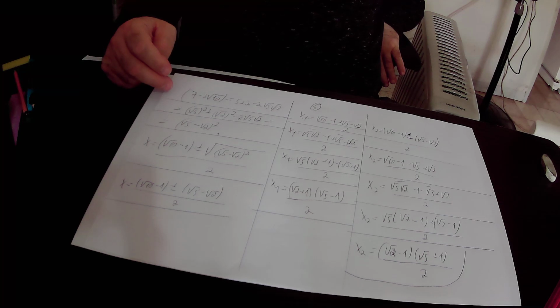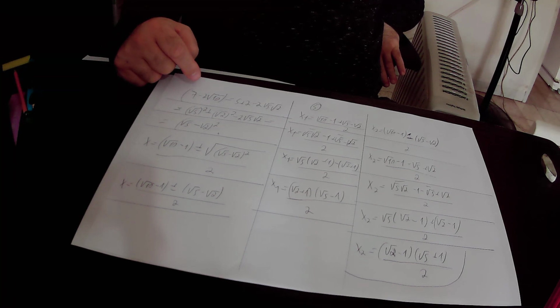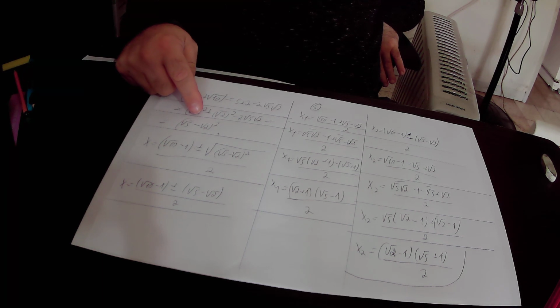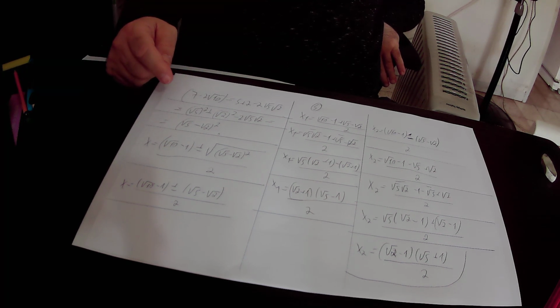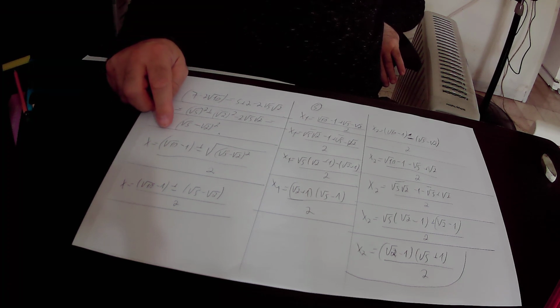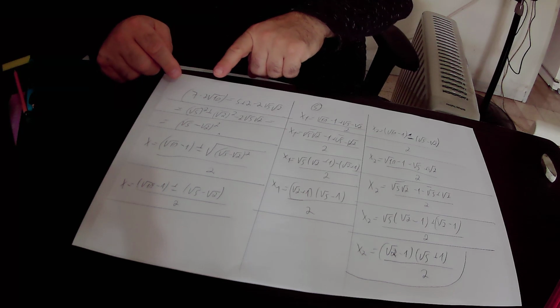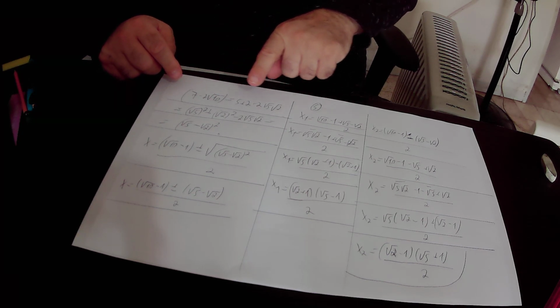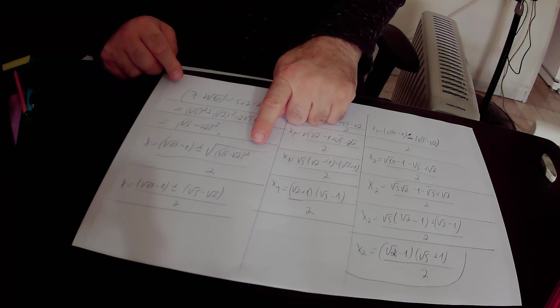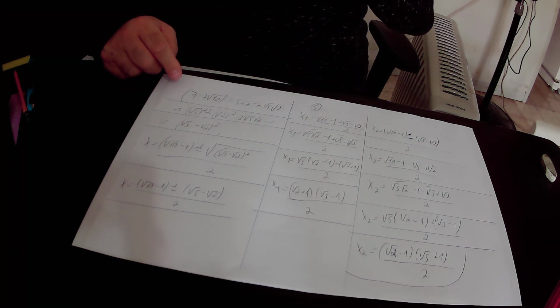So we can substitute 7 minus 2 times square root of 10 by (square root of 5 minus square root of 2) squared. We did it, and we got that x equals square root of 10 minus 1 plus minus the square root of (square root of 5 minus square root of 2) squared, all divided by 2.